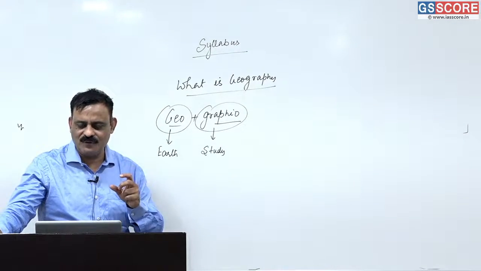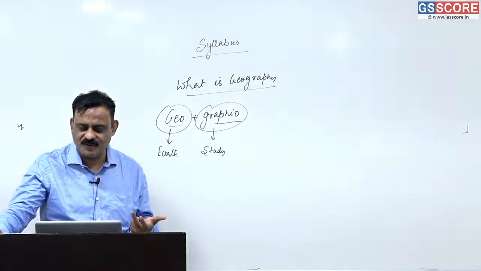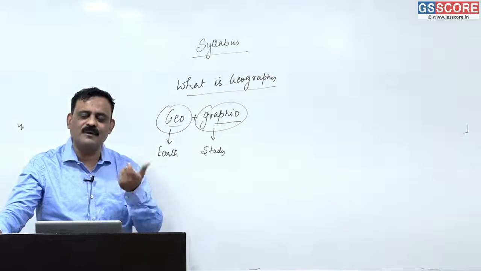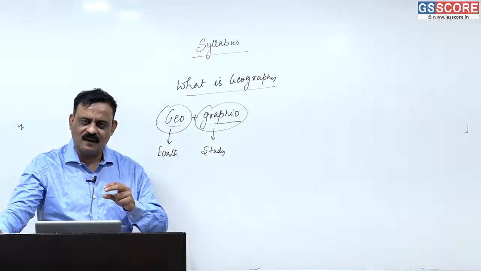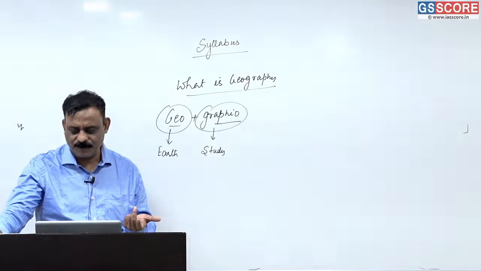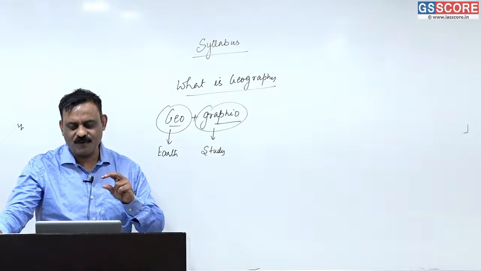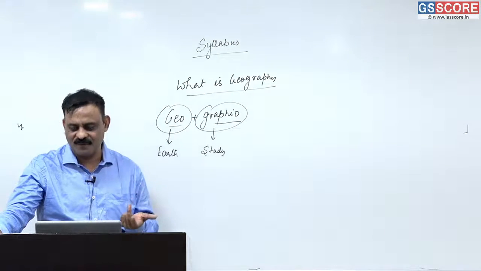We study the formation of the universe in order to understand the formation of the earth, because the formation of the earth is related with the formation of the universe.